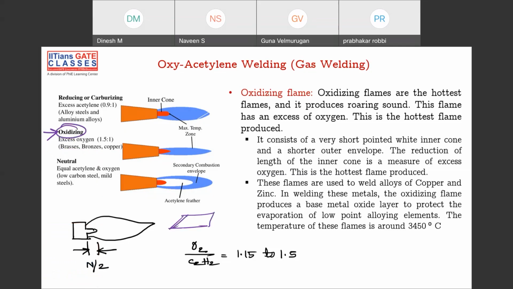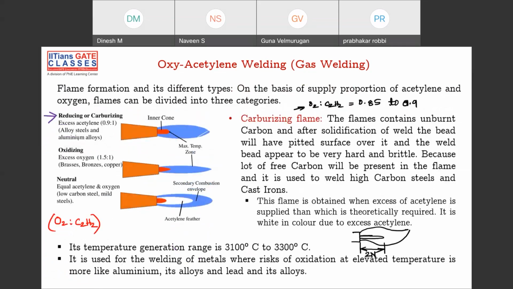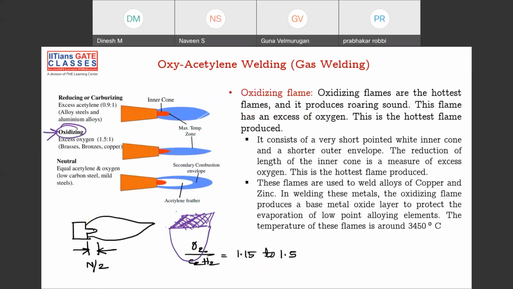There is some oxidation layer that is formed in the welding pool. So this is your welding pool. Some oxidized layer is formed. In the previous case, you don't want oxidation to happen. That's the reason why you're using that flame, because oxygen is less. In this case, you want the oxidation to happen, and this oxidation layer will protect the molten metal from evaporating.